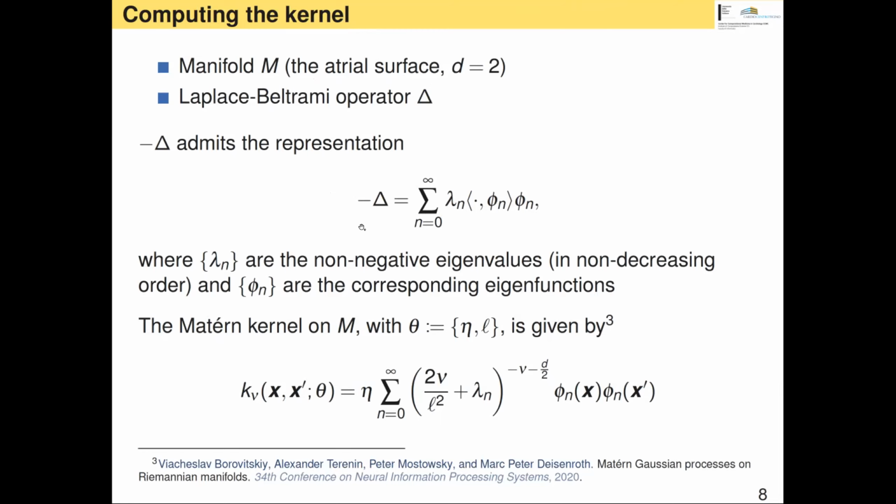The negative Laplacian admits this representation where lambda n are the non-negative eigenvalues and phi n are the corresponding eigenfunctions. Then the kernels of the Matern family with the smoothness parameter nu are given on M by this formula, where the set of parameters theta is composed of eta and L. And in practice, this sum is truncated, and this allows us to compute the kernels on M.